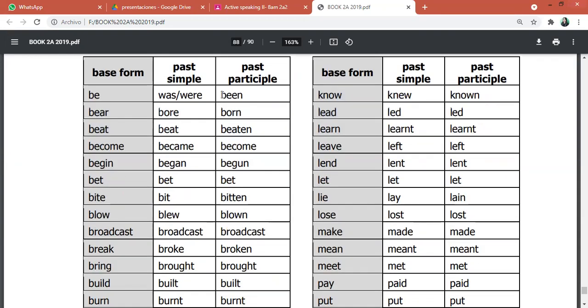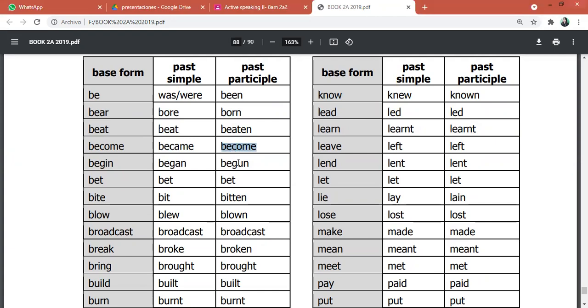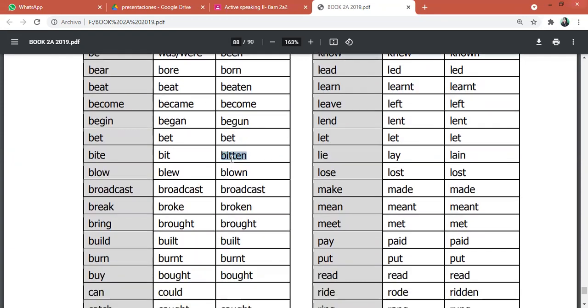Let's repeat after me. Been, born, eaten, become, begun, bet, beaten, blown, broadcast, broken.